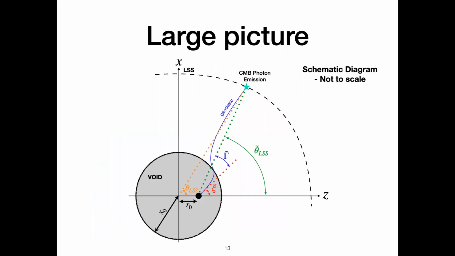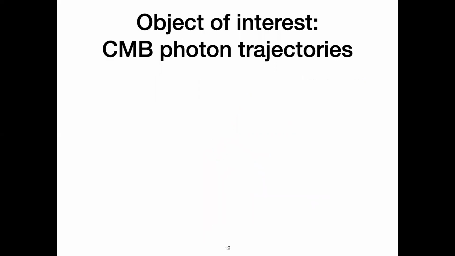Looking at the large picture, this is how it looks. This is the last scattering surface where the CMB photons are emitted. These photons follow a blue curve called the geodesic. Of course, these geodesics are obtained by the geodesic equation, which I talked about.